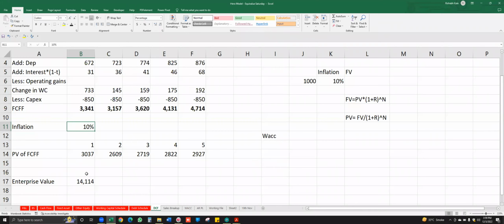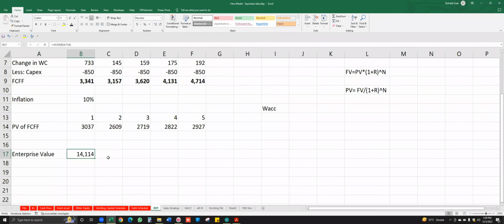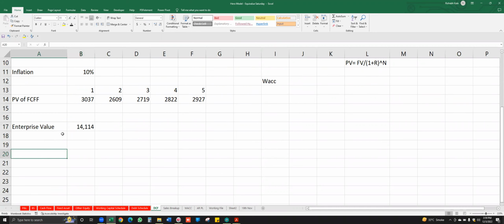Now this enterprise value that we have found, we have to compare it with the one in the stock market. Let's say 14,000 is the price of the full company. Now if someone is giving this company at 10,000, then only there's a point to buy it. If someone is giving it at 15,000, obviously there's no point buying this company.